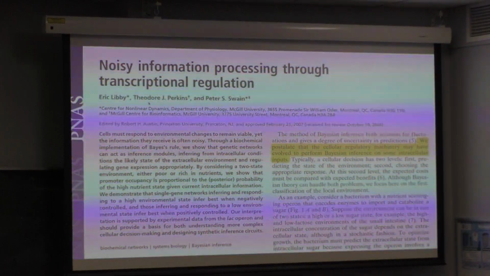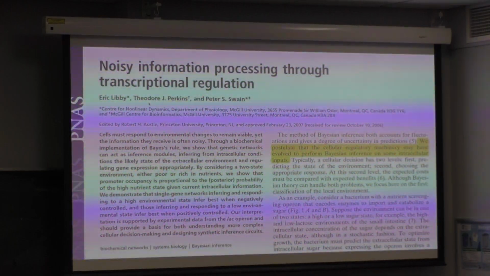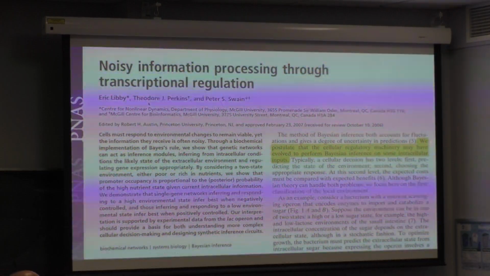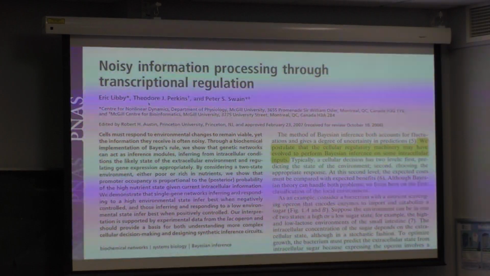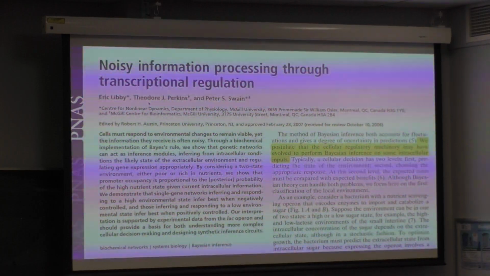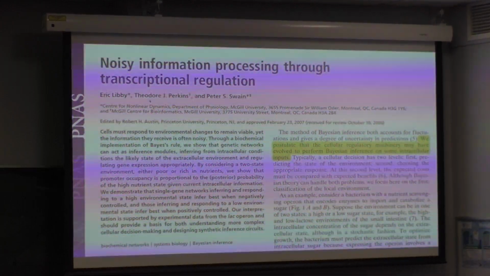So gene regulation is key to life. And these people, which is absolutely lovely, say that we postulate that cellular regulatory machinery, so what any living thing does to continue being alive, may evolve to perform Bayesian inference in some intracellular output. So yeah, evolution is Bayesian. You've got to love that.